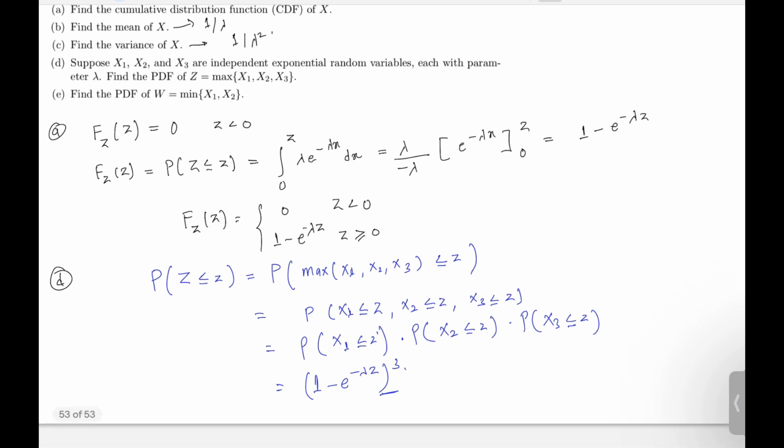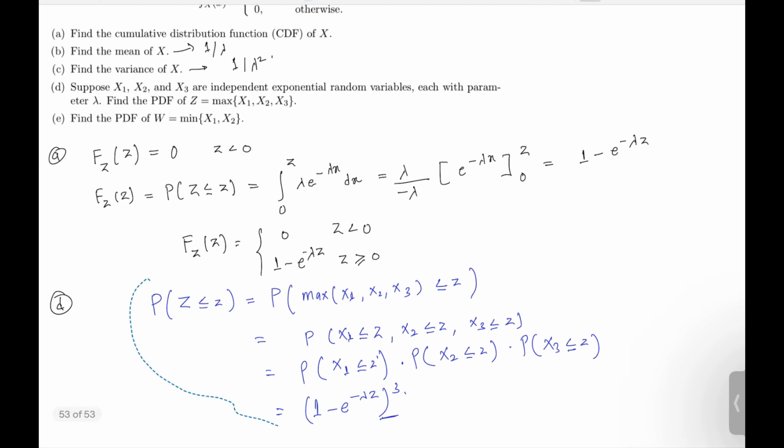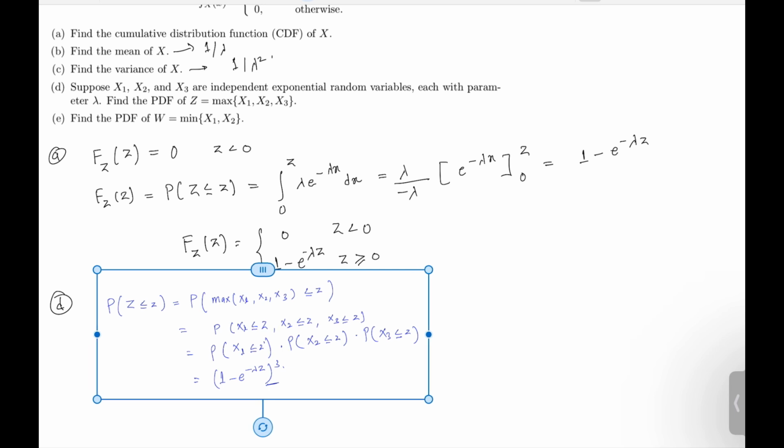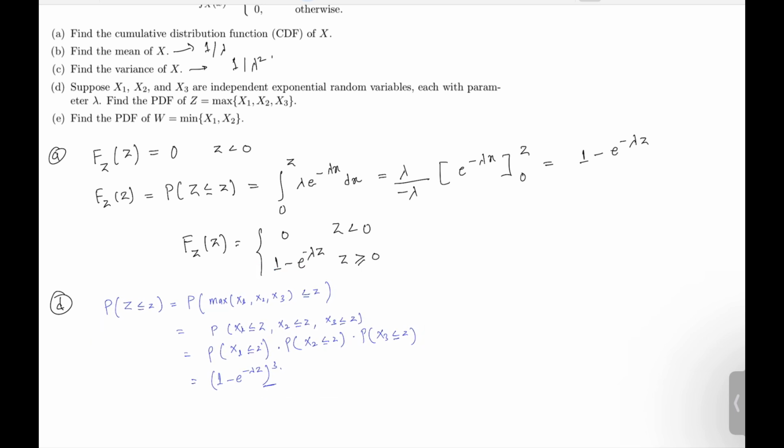So this is the CDF, and the PDF of this random variable Z will be, again, since this is an exponential random variable, 0 when z is less than 0, and we just need to differentiate this.